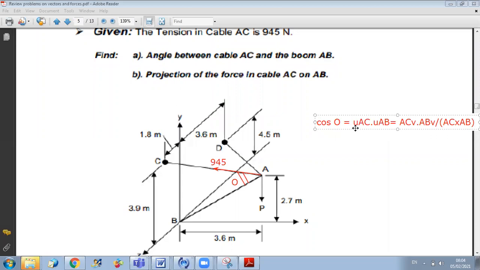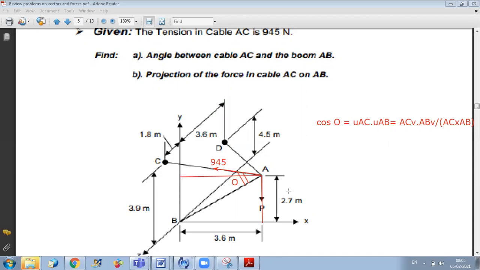Now, to find the unit vectors, I should find the coordinates of points first. So I look at my figure. I need the coordinates of A, C, and B. Starting with A, if I follow the dashed lines, A has a component along Y equal to 2.7 and a component along X equal to 3.6.